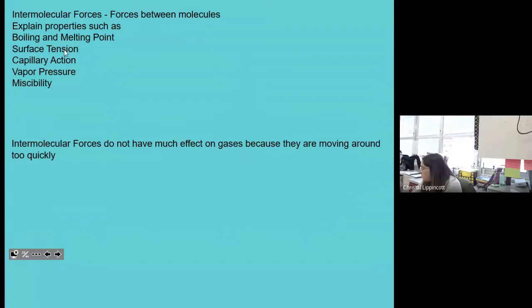Higher surface tension is caused by higher IMFs. Capillary action. So capillary action is like a liquid moving through a paper towel when you lay it on the paper towel, okay? And certain liquids will move better or worse based on their IMFs. Vapor pressure.